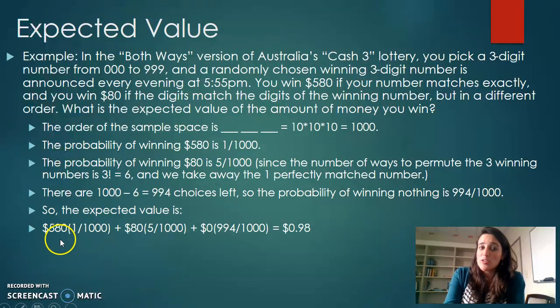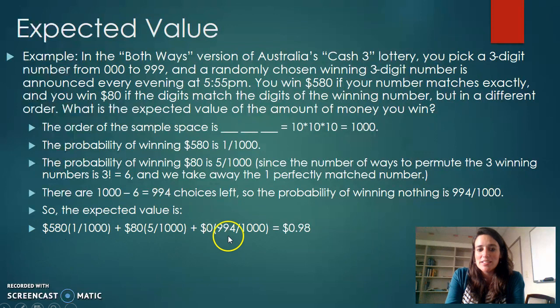We have x1 in this case is $580, and the probability of us winning $580 was 1 out of 1000, plus $80 times the probability that we win $80, 5 out of 1000, plus $0 times the probability that we win $0, 994 out of 1000.